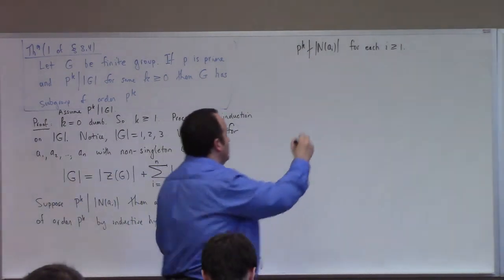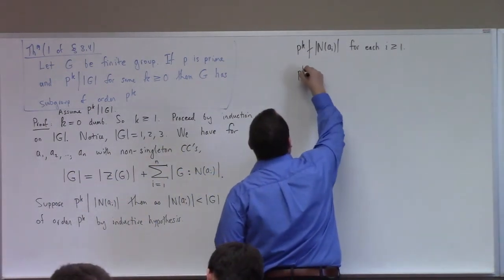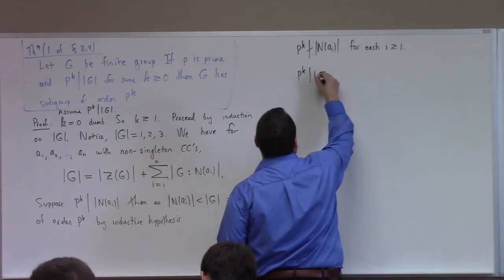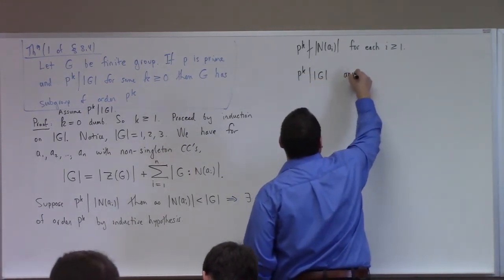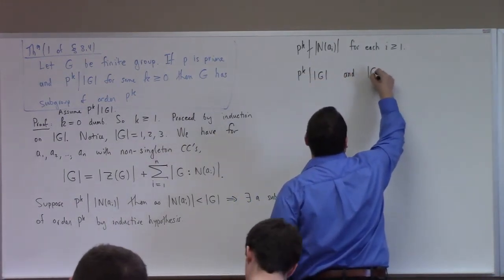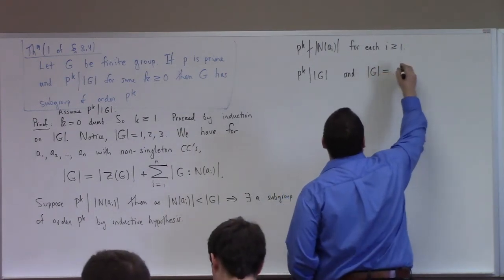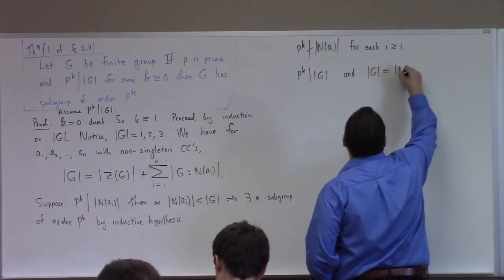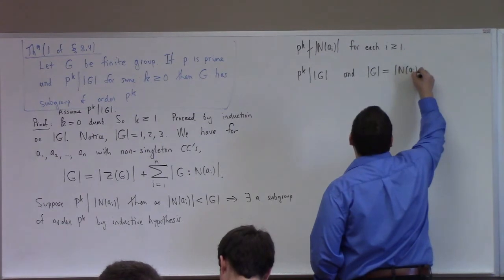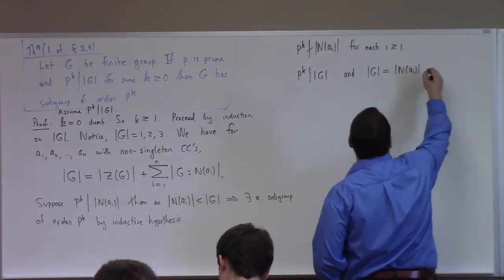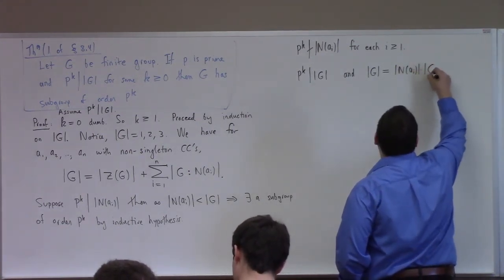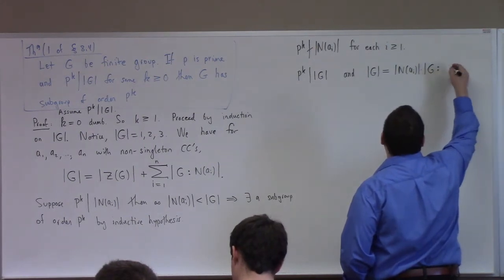Remember that we have p to the power k divides the order of G. And what else do we know? We know that the order of G is equal to the size of the normalizer of a i times its index in G. We're assuming G is a finite group.